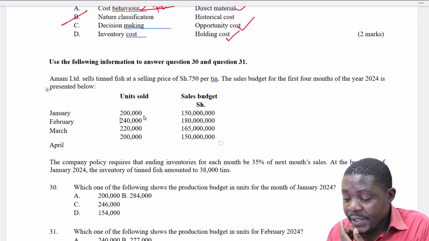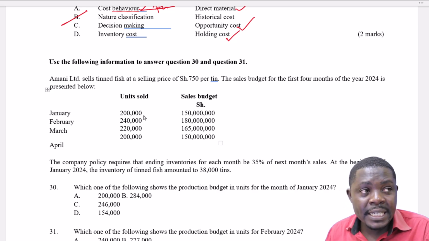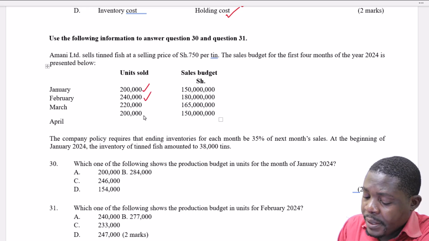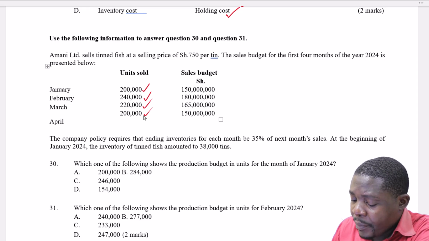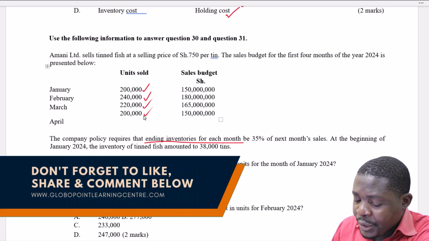The sales budget for the first months of the year 2024 is presented below: January, Feb, March, and April. The company policy requires that ending inventory for each month be 35% of the next month's sales. At the beginning of January 2024, the inventory of tinned fish was given.